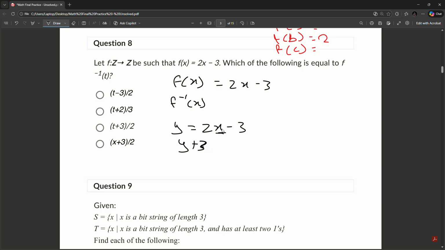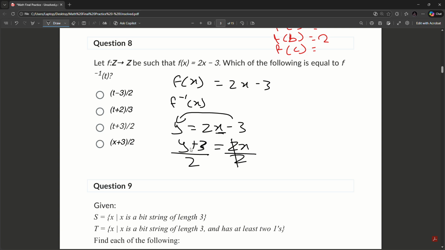So a negative becomes a positive, a multiplication becomes a division. So if I move the 3 to the other side, I get y plus 3 equals 2x. And then I divide both sides by 2 so that I get rid of the 2 here. These 2's will cancel because a multiplication and a division cancel each other out, like how a positive can wipe out a negative number.